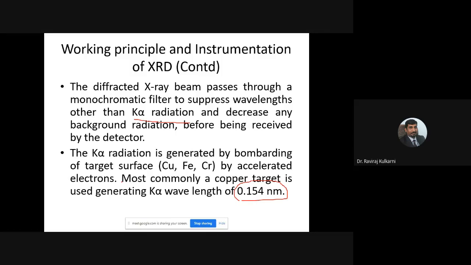And if we bombard on copper, X-rays are generated. In that there are various X-rays: K alpha, K beta, L alpha, L beta, something like that. So we take K alpha radiation, which is very intense, and the wavelength is 0.154 nanometer.